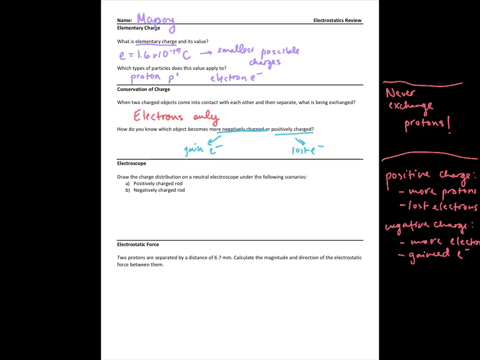Okay. Now the electroscope is one of my favorite things. So remember, you have this guy. We got to draw 2 different scenarios here. Now we're going to start with scenario A with a positively charged rod. So that means our rod here is positive, and we have a neutral electroscope, so that means both positives and negatives have to be present.